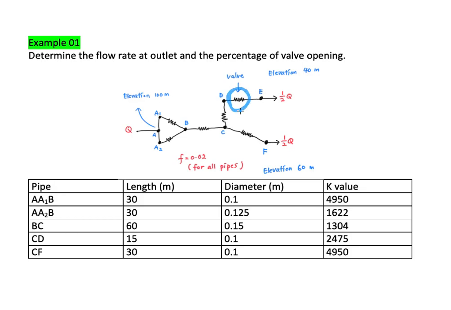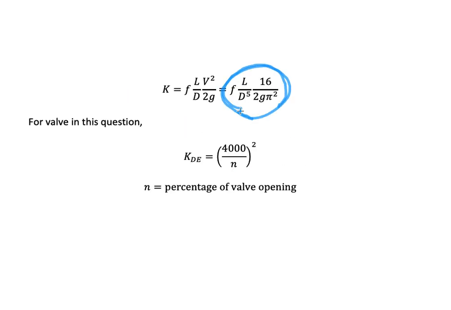The equation for the valve here is 4000 over N cube square, which means we need to know the percentage of the valve opening by calculating the value of N. This equation is only valid for this question, so please do not use this equation in another question.